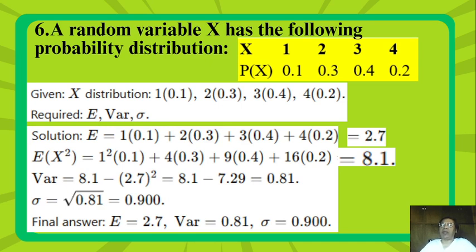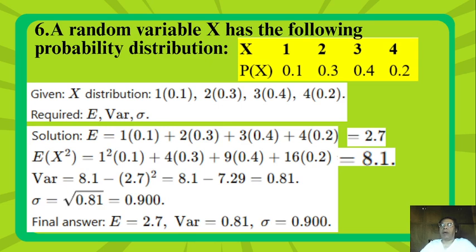Let's now determine the expected value of the square of that discrete random variable x, and we need to square the value of x.